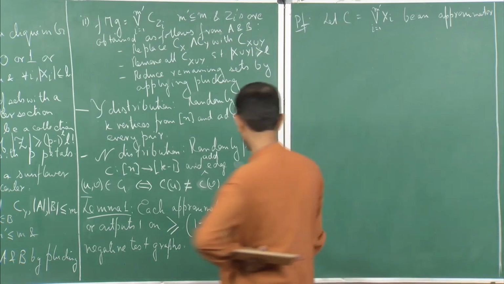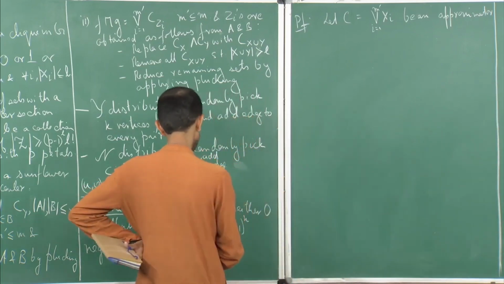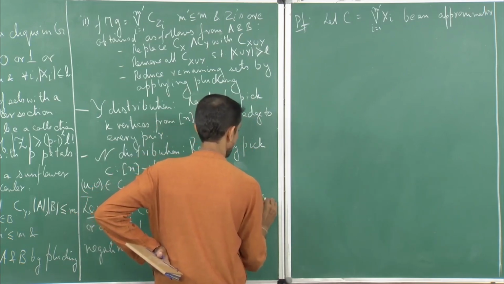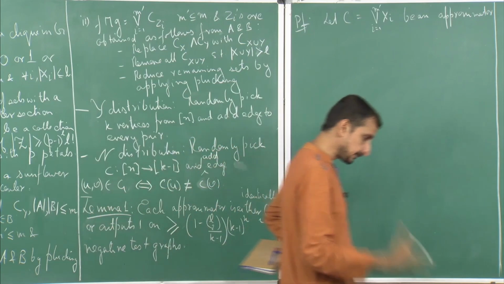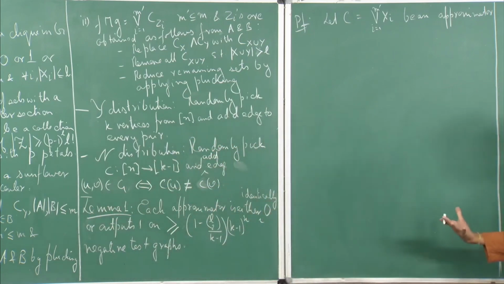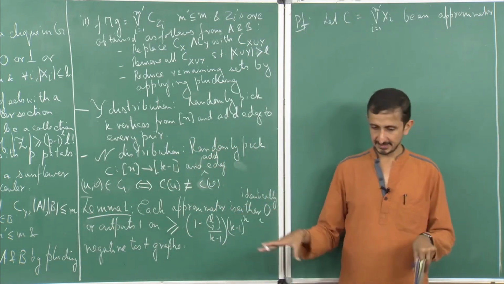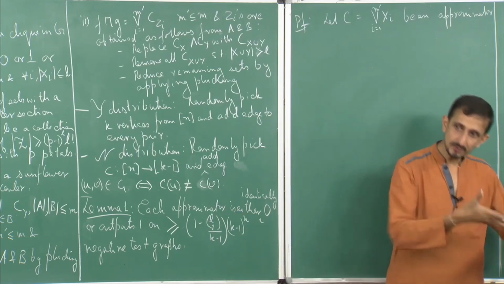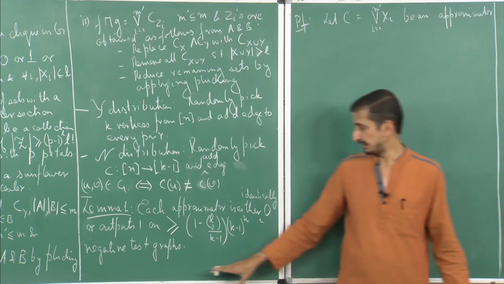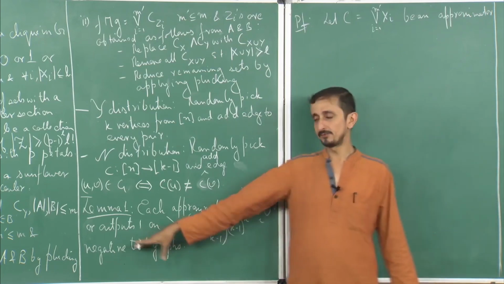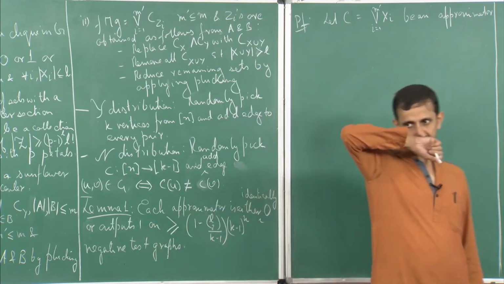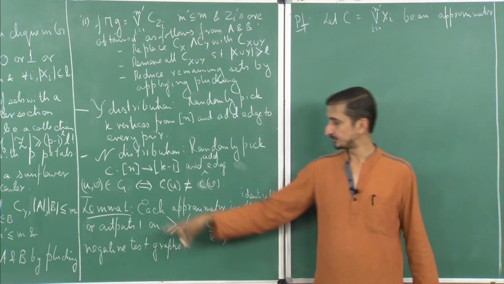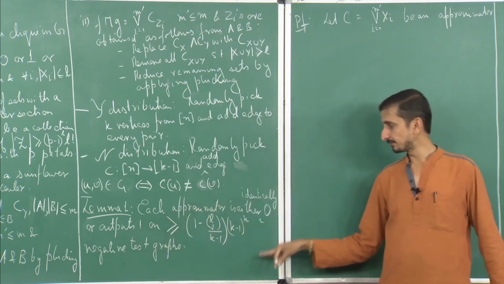When I say 0, it is not just 0, each approximator is either identically 0, that is, irrespective of the input it is 0. So basically what this is saying is that either an approximator is identically 0, or if you give it a negative test graph, then on this many negative test graphs it is giving a wrong answer. If you give it a negative test graph, then it should output a 0, but I am saying that on a very large number of them it is giving 1.